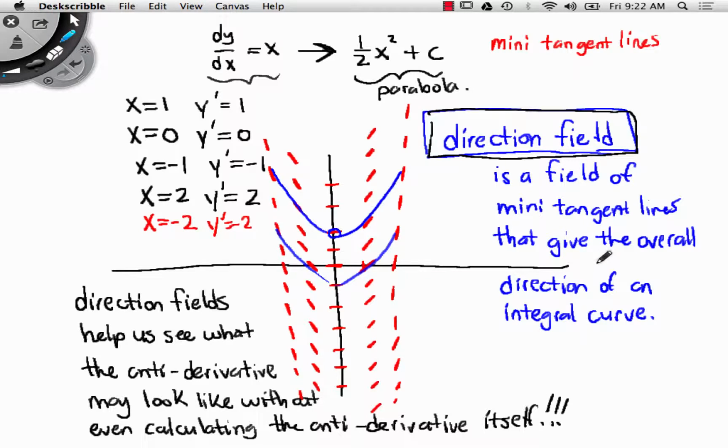And that's just plain cool. I can know what the antiderivative looks like by just using the differential equation.